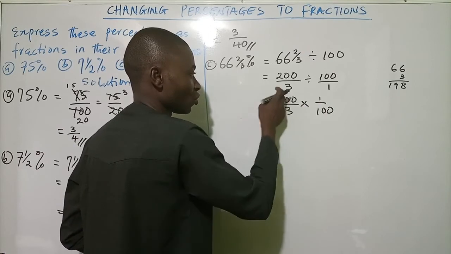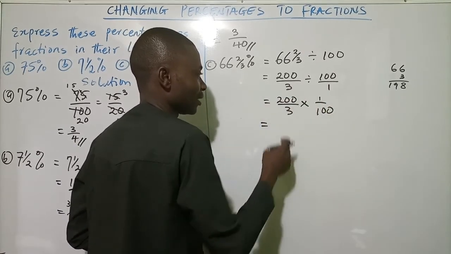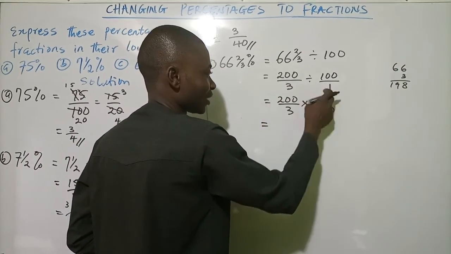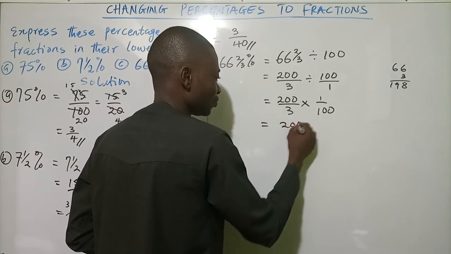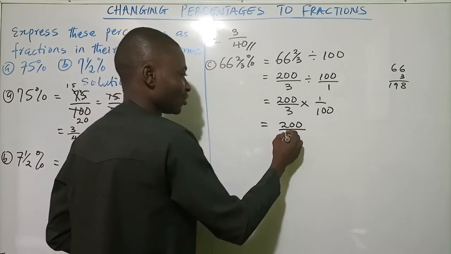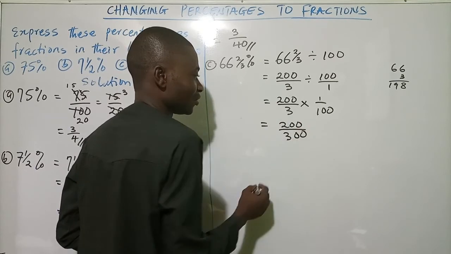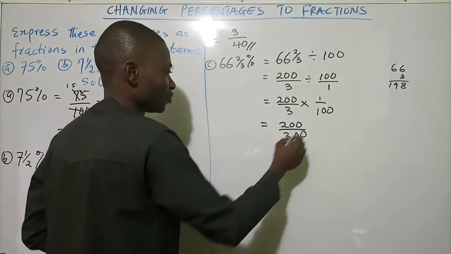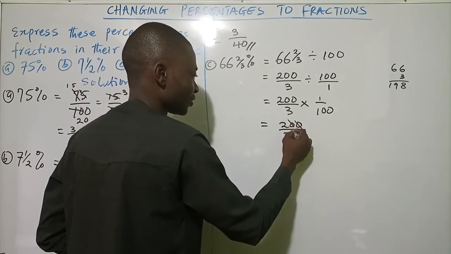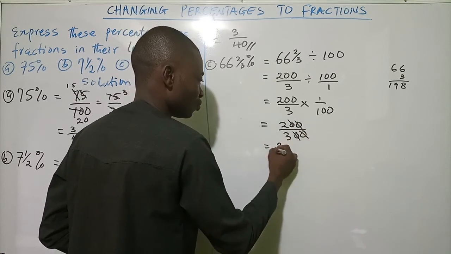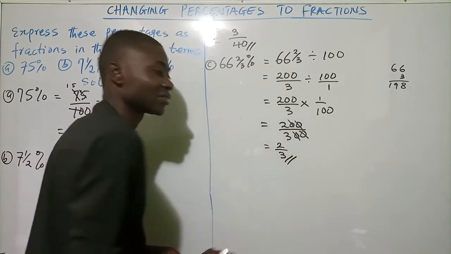So this equals, you multiply now. 200 times 1 is 200 over 3 times 100, which is 300. So what do you do? 0 cancels 0, 0 cancels 0. So this gives us 2 over 3, and that is our answer.